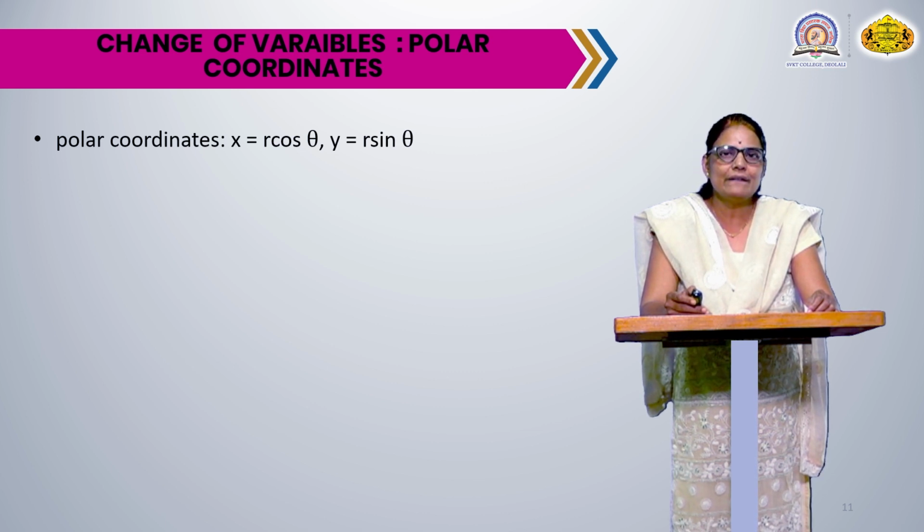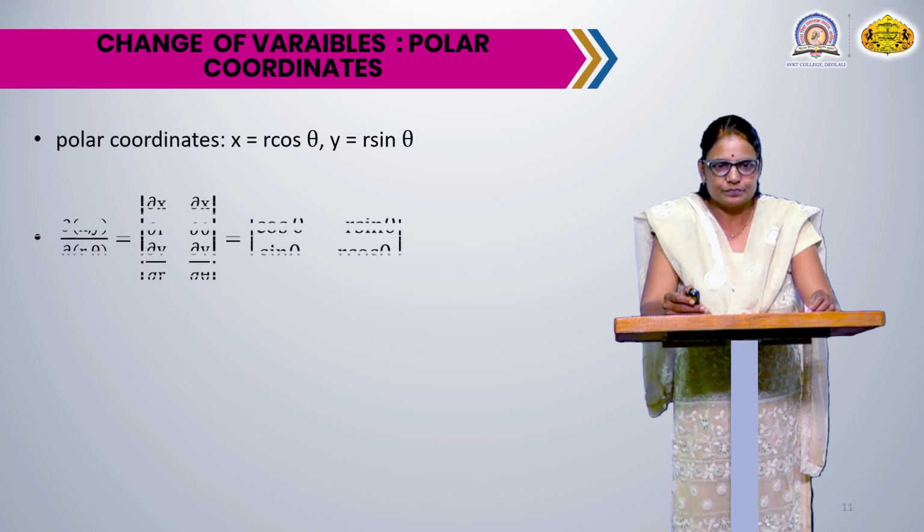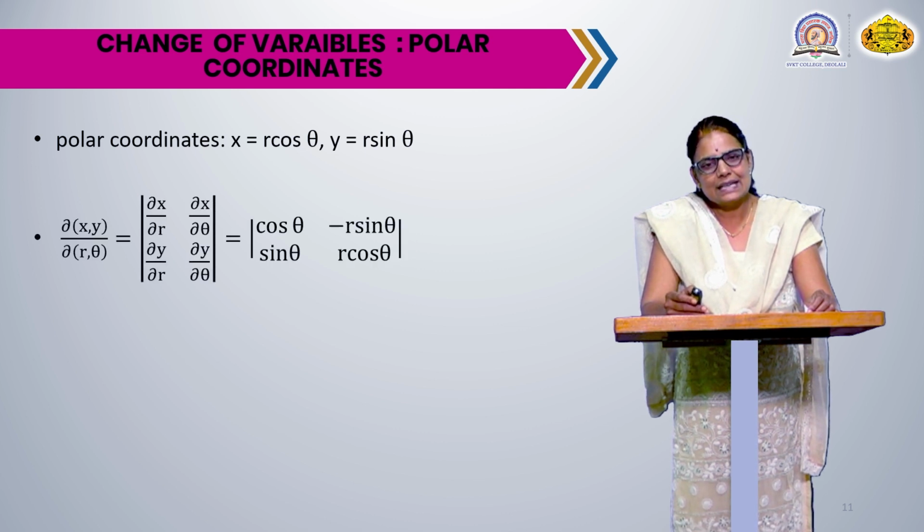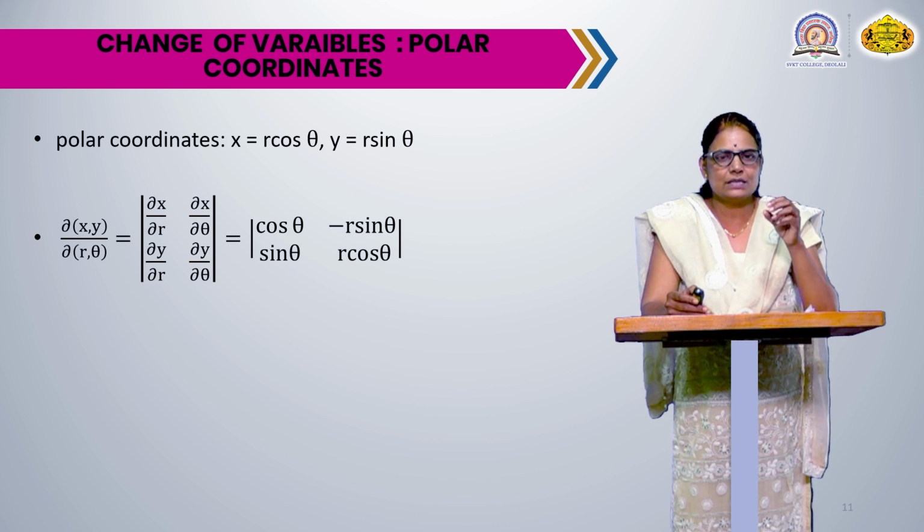So the relation between x y and r theta is given by x equals r cos theta and y equals r sin theta. So in this case, calculate the Jacobian of the transformation, partial x y upon partial r theta. So here the original variables u and v are replaced by r and theta.